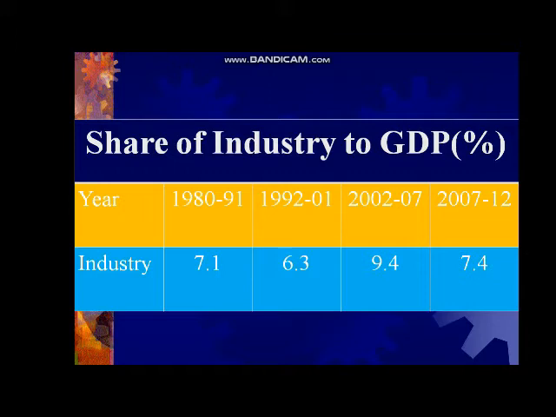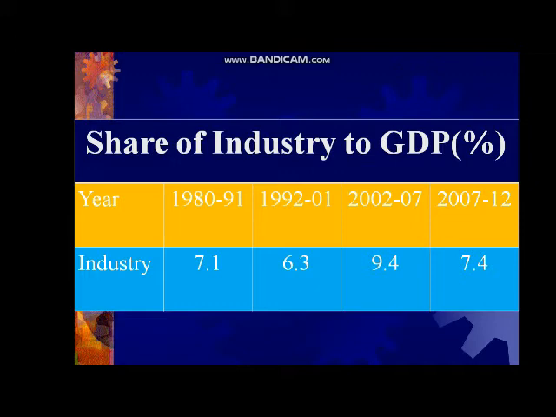In the second period, that is the year 1992 to 2001, the GDP share represented by industry is 6.3%, and in the third period, 2002 to 2007, the contribution of industry to GDP rises to 9.4%.